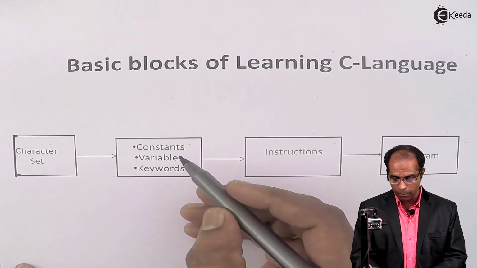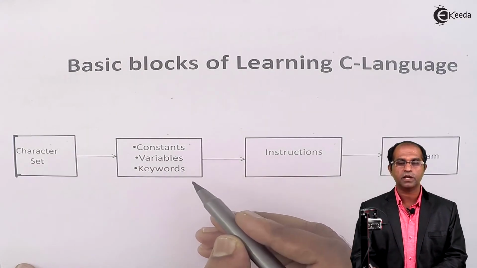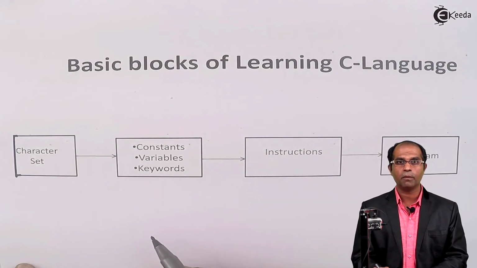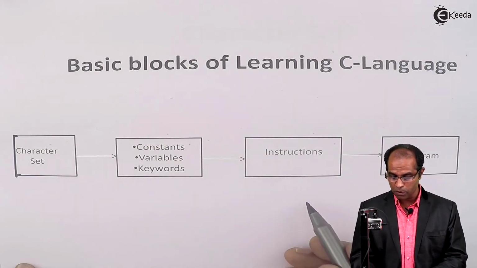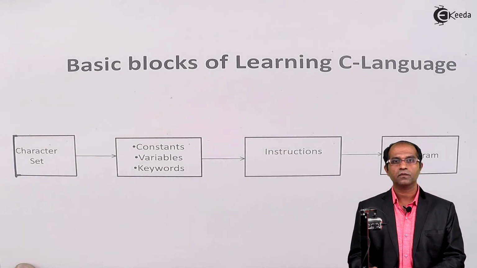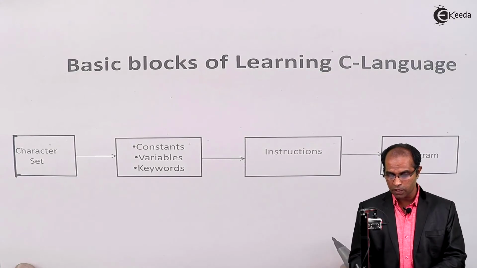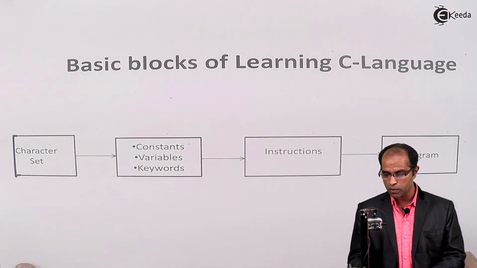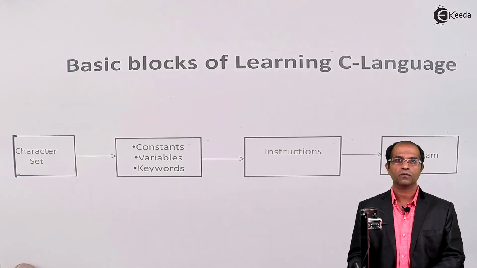Those words can be compared to constants, variables, and keywords. These words were later grouped to form sentences, which can be compared with instructions. The sentences, called instructions, were later grouped to form a paragraph.